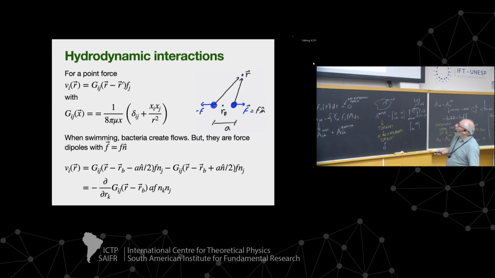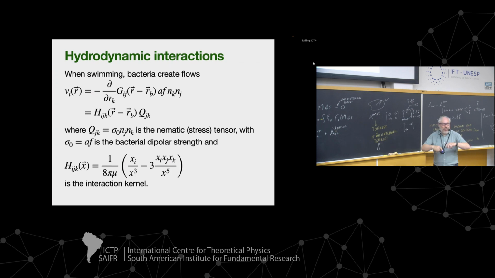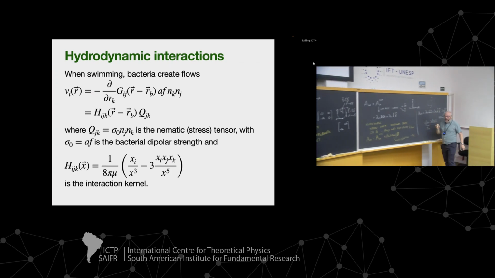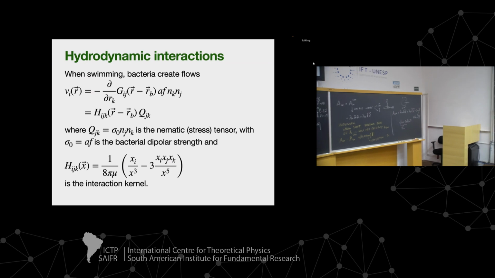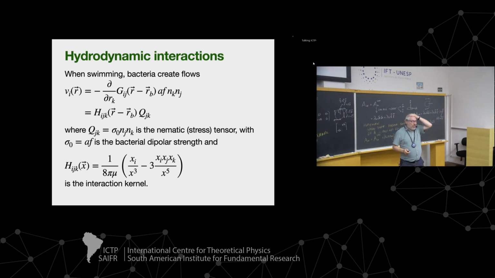And now if you read this nice paper on Chlamydomonas from the Goldstein group, what they showed is a cartoon of the Chlamydomonas like this, with 3 forces, where this one is twice as large as those other two, so it's presented as a dipole and a quadrupole. Well, this is nothing more than going to this next order. Okay? Any questions? Yes.